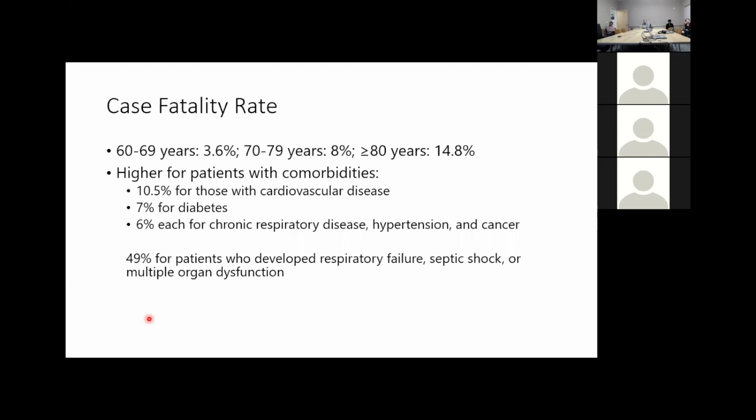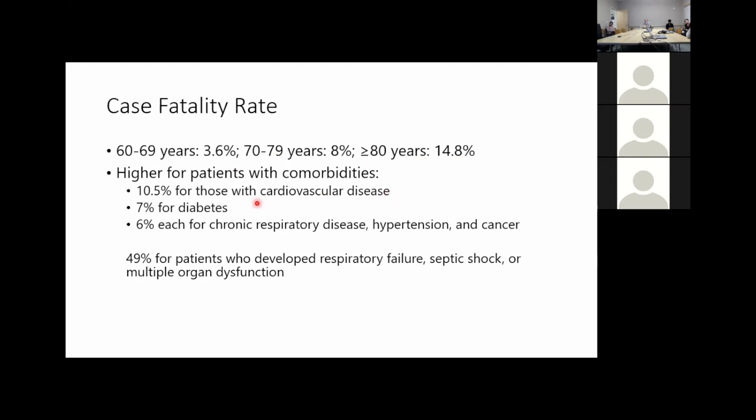So the case fatality rate is clearly age-related. So this was, you can see the case fatality rate for people over the age of 60. So it essentially doubles with each decade. So among the 60 to 69-year-olds, 3.6%. In the 70 to 79-year-olds, 8%, and almost a 15% mortality in those over the age of 80.